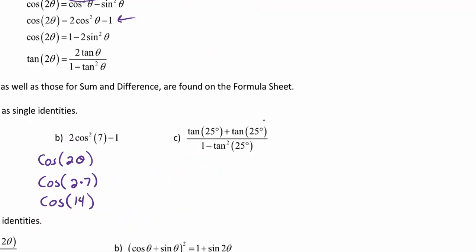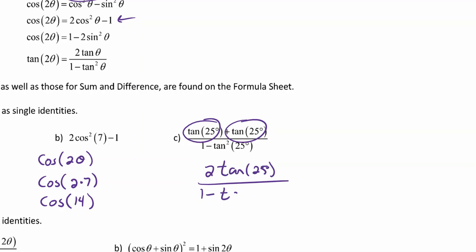So now this one, that doesn't look quite right, does it? Tan 25 plus tan 25. I don't have any of those. But just remember what we're dealing with. If I have tan 25 and then I have another tan 25, how many tan 25s do I have? Right, you can just combine like terms there. We have 2 times tan 25 degrees over 1 minus tan squared 25.